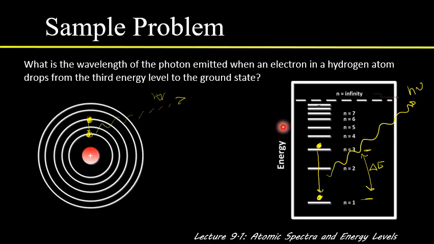Let me mention one more thing before we do the calculation. The electron is starting in this energy level, ending up in this energy level. The energy of the electron is decreasing, so we ought to find that delta E is negative. Anytime that delta E is negative, that means the energy of the electron is decreasing and a photon is going to be emitted. Okay. All right. So let's go ahead and take on this calculation, see what we get.